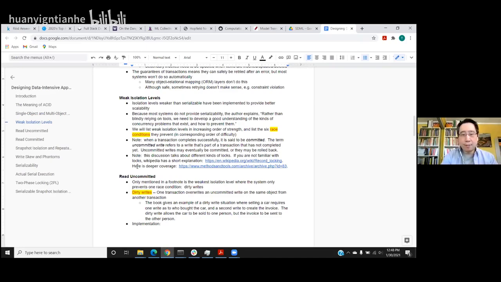So if two people request a write lock on bank account 2, the database or the operating system guarantees that it will never be the case that both of them get yes on that lock. It guarantees that only one of them will be told yes, you got a write lock on bank account 2, and the other one is told nope, somebody else already has a lock on bank account 2. That's just taken care of for you by the system.